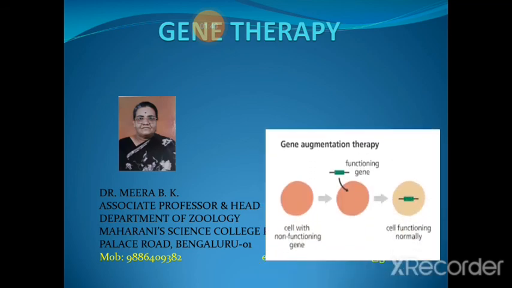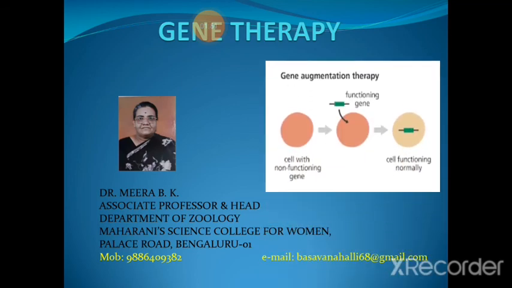So this diagram in a nutshell tells you what is gene therapy. Here you have a cell with non-functioning gene so that the functional protein is not produced.